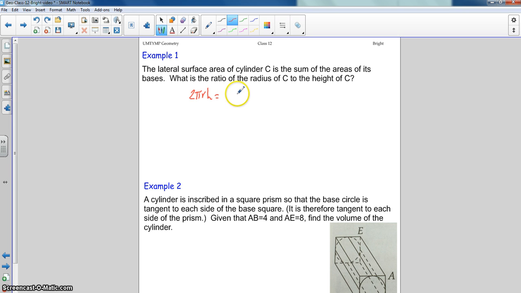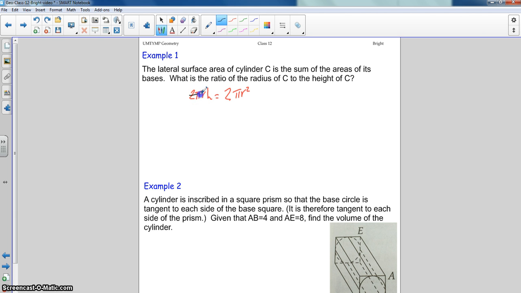Its base is pi r squared, and if it's the sum of the areas, both of them are going to have this, so it'd be 2 pi r squared. Now I can go ahead and simplify this. I don't want to divide by a variable because it's bad to do that, since we may lose a particular value of that variable.